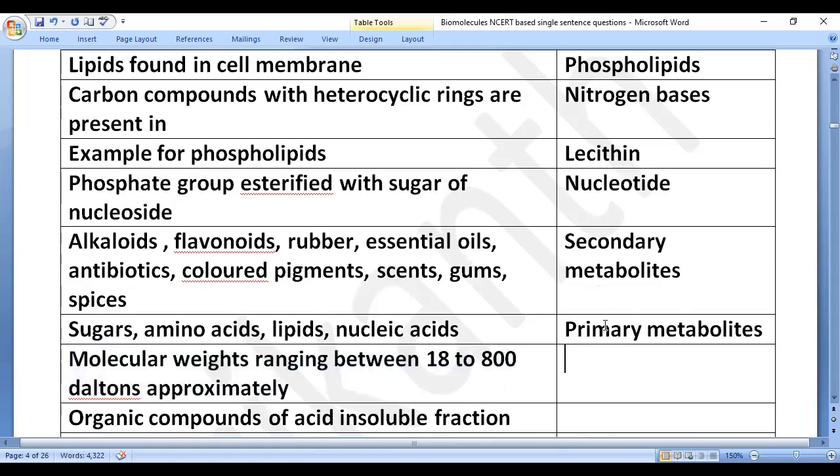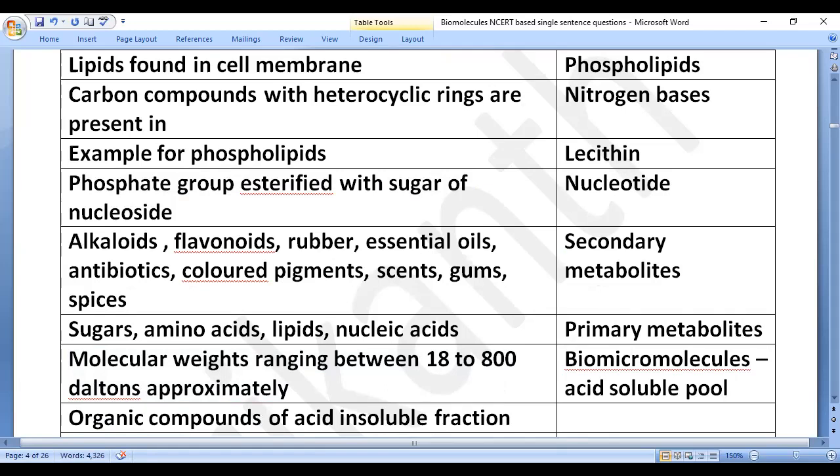Molecular weights ranging between 18 to 800 Daltons approximately are called biomicromolecules, or we can say the acid soluble pool.